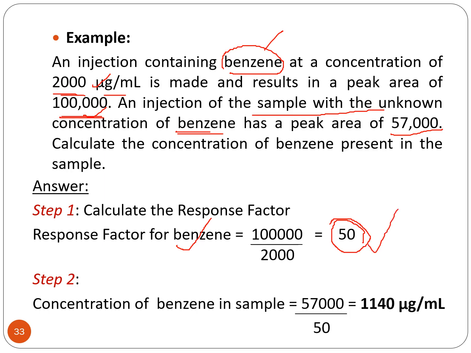So macam mana nak kira concentration of benzene, kita bahagikan peak area bahagi dengan response factor, dan kita akan dapat the concentration of benzene in a sample. So kita ikut formula tadilah. Okay, in which the response factor equal to peak area over the concentration.